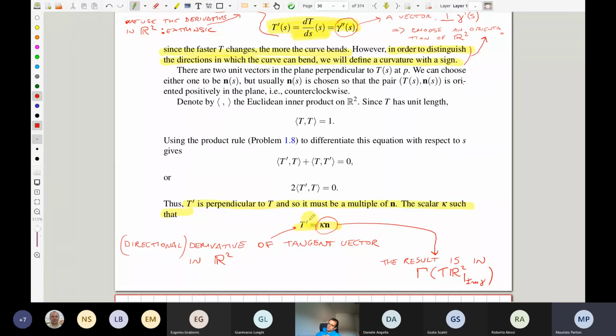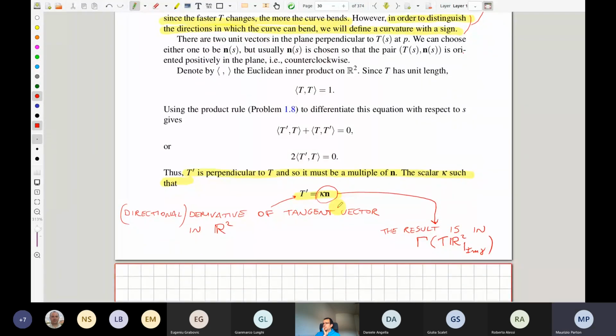So if you're looking for one number expressing the curvature of this curve, you can say the number is this k: how much longer is the derivative of the tangent vector with respect to the normal versor, this vector of length 1, this boldface n. And this is the only number for a curve in a plane measuring how much this curve is curved.